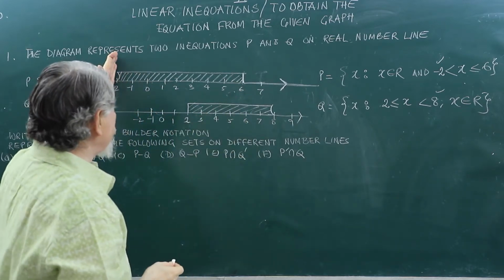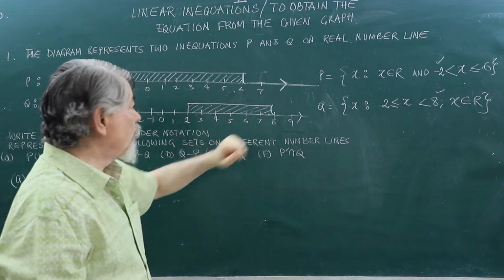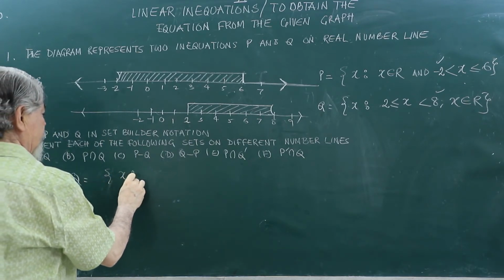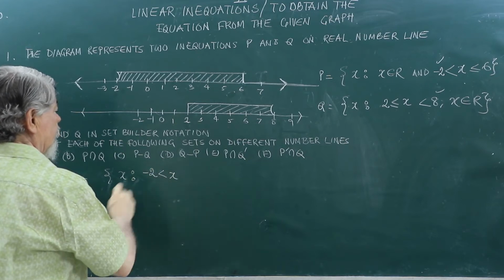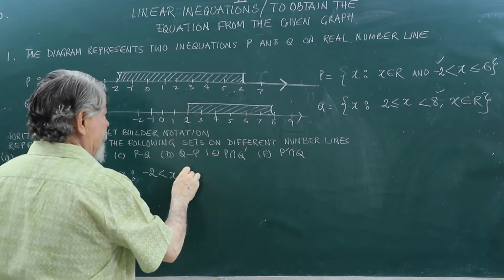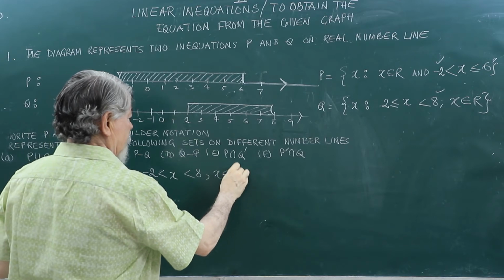So they will be included. The other thing is starting from -2 and it is finishing at 8. So for all the values, we'll write x such that x is greater than -2 and less than 8. x belongs to the set of real numbers.